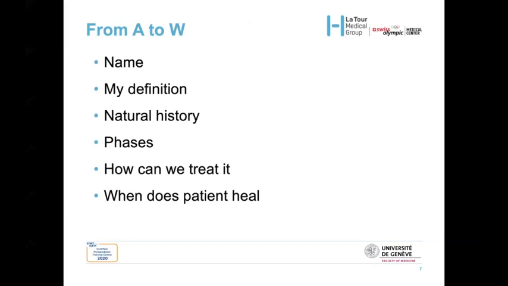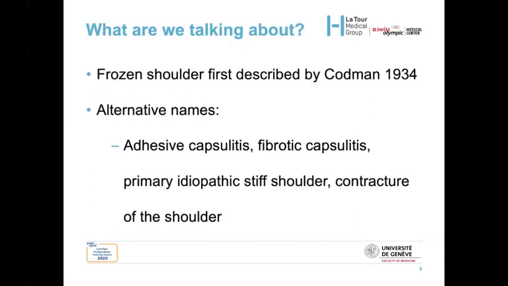So I will try to explain what I did from A to W, because it's not finished. There are ongoing studies. So what is the aim of this study? According to me, my definition of this pathology, the natural history, the phases, how we can treat it, and when the patient heals. So what are we talking about? Frozen shoulder was described by Codman in 1934.